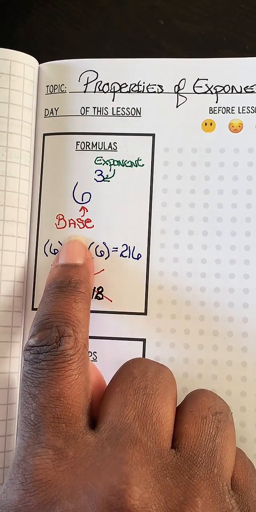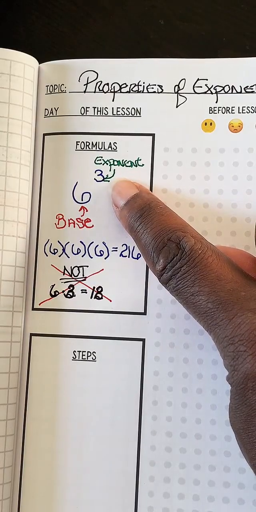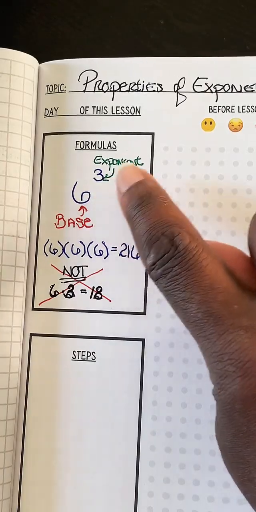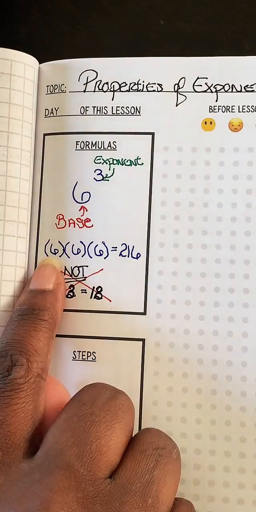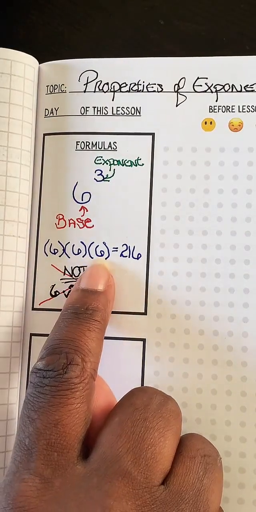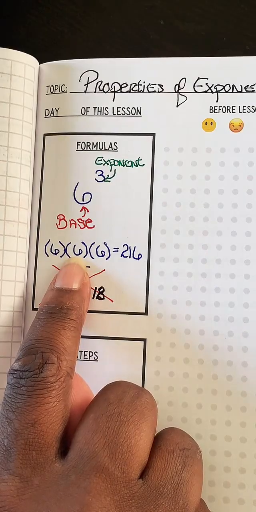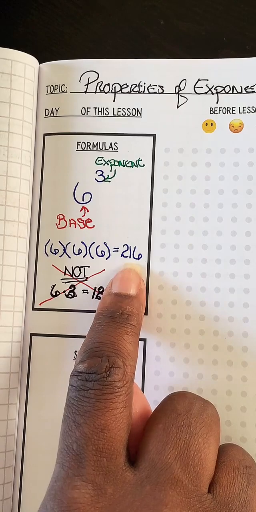This is what's being multiplied. The exponent tells you how many times you're going to multiply this base by itself. So 6 to the third power is 6 times 6 times 6. And 6 times 6 gives me 36, and 36 times 6 gives me 216.